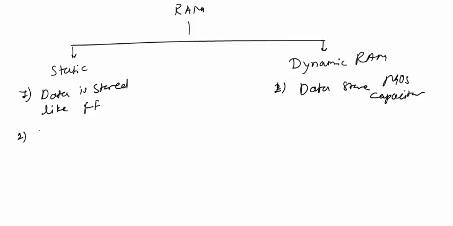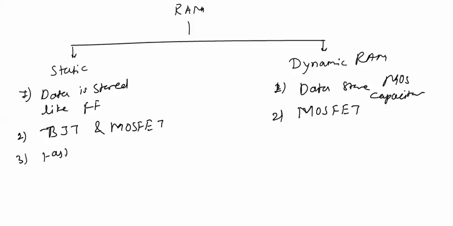In static RAMs, BJT and MOSFETs both are used, while in dynamic RAM only MOSFETs are used. Static RAMs are faster and dynamic RAMs are slower.